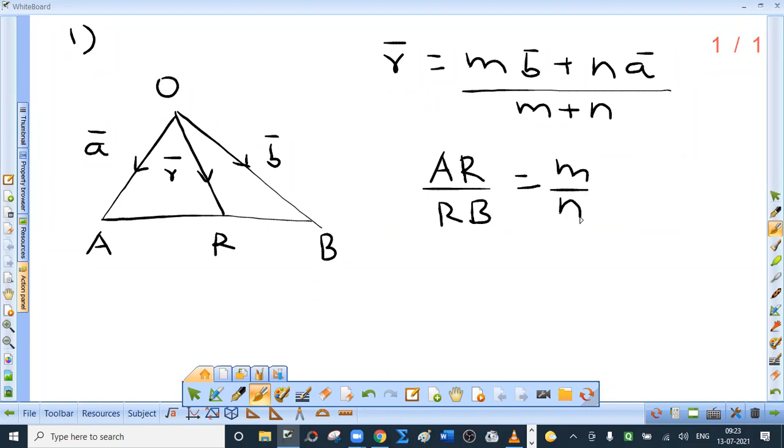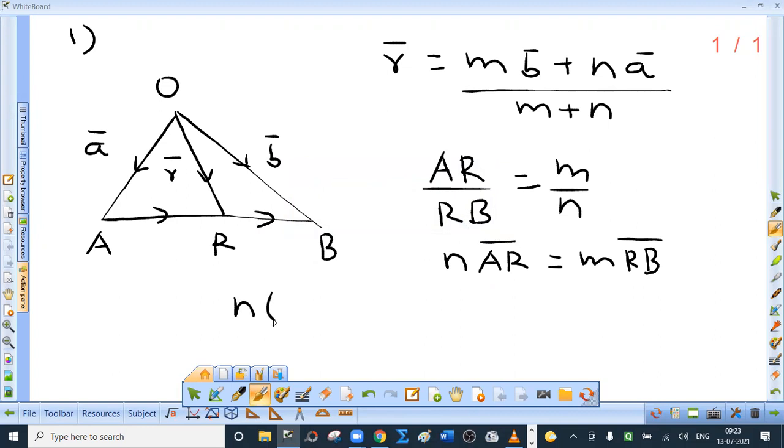Now cross multiplication gives n AR equals m RB. Note that AR bar and RB bar are in the same direction. So I can say n AR bar equals m RB bar.